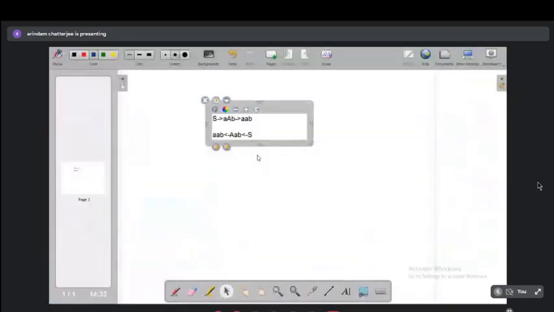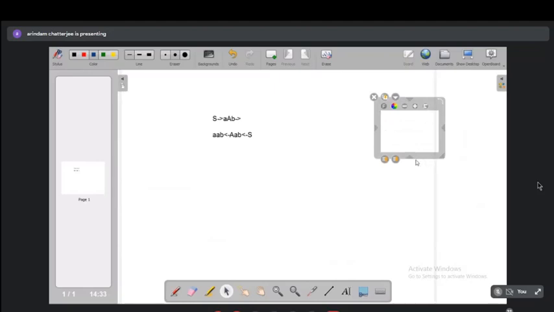Now, this is something we need to understand in some more detail. Suppose we have these production rules: S produces A, a, B; A produces A, something else; A produces a; and B produces b.